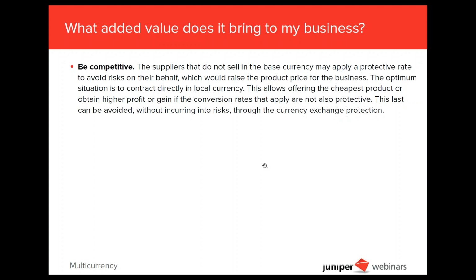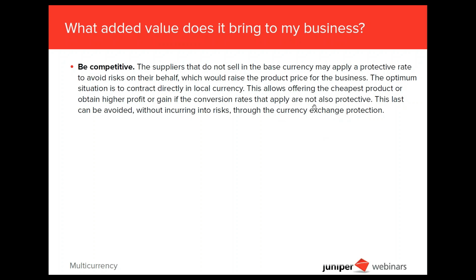So what do we mean with this? If the supplier is making a contract with a hotel in London, for instance, they will do it in pounds. So the most interesting thing is to contract directly from the supplier in this same currency, so you ensure that you are getting the best price. But of course, if you have to sell this product, maybe your client wants to see this in dollars.